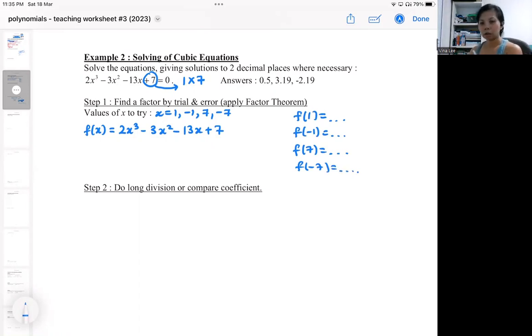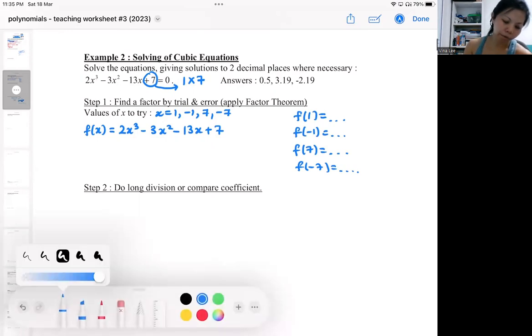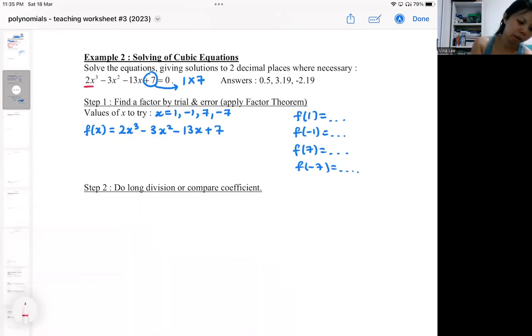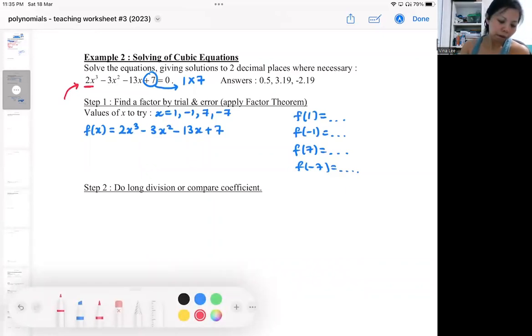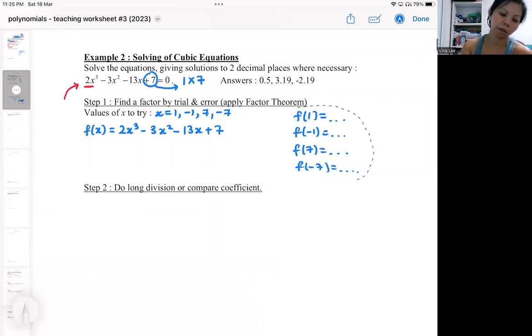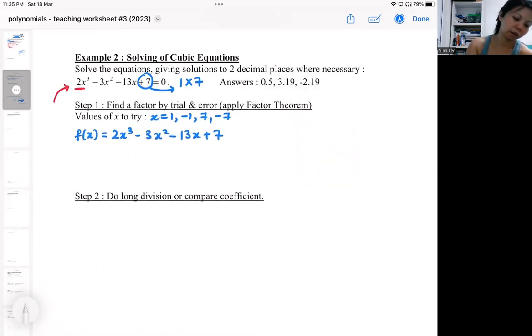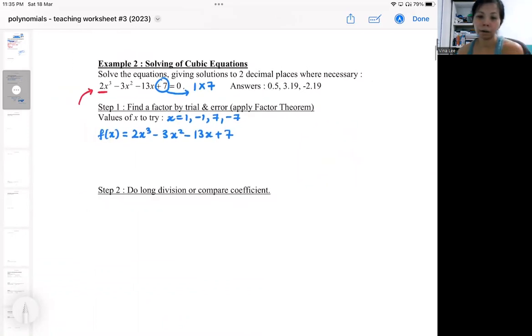If you have tried all the possible factors of the last number and it doesn't work, you have to use the first number here, the coefficient of x cubed, to try fractions or decimals.